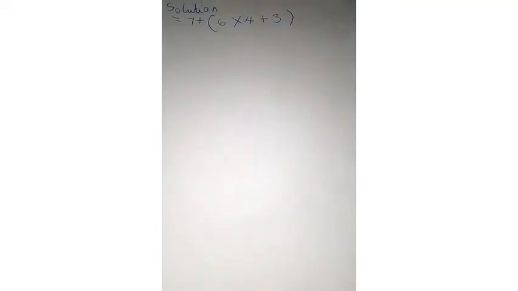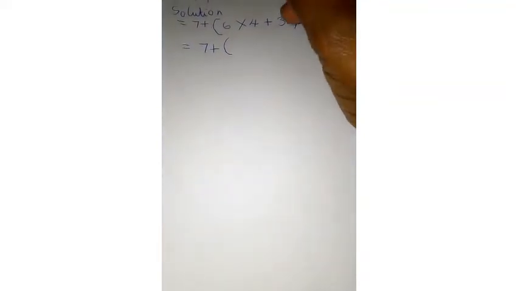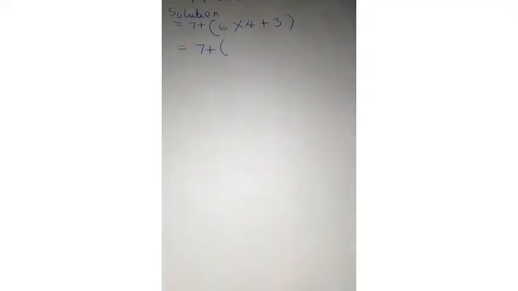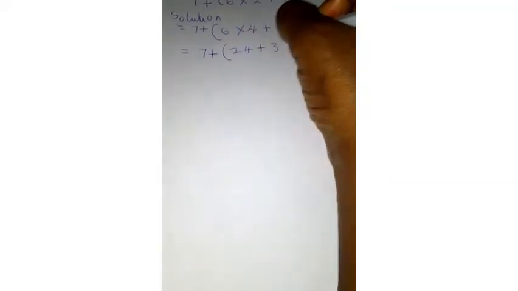Then next, we multiply or divide, and there's only multiplication: 6 times 4 is 24, so 24 plus 3.